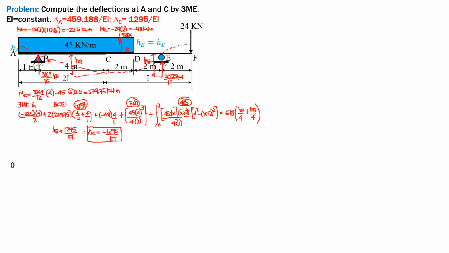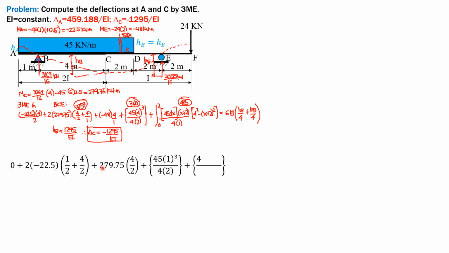Moment at A, 0, plus 2 times moment at B, negative 22.5, quantity LAB is 1, divided by 2 because the moment of inertia is 2, plus LBC 4 divided by 2 also, the moment of inertia of 2, plus moment at C, 279.75, length of BC 4 divided by I, which is 2, then plus 6 area 1A over E1 I1 L1.